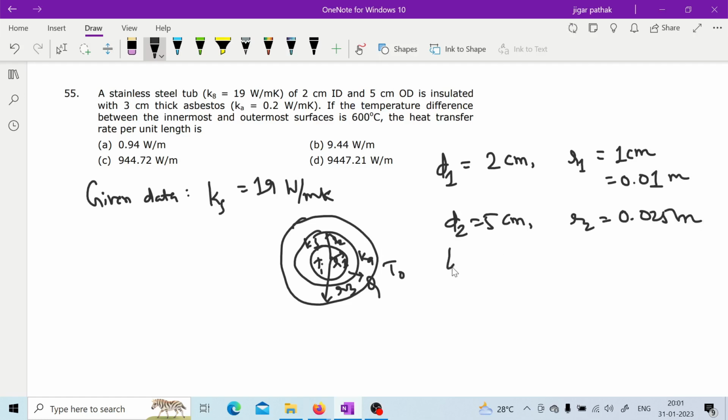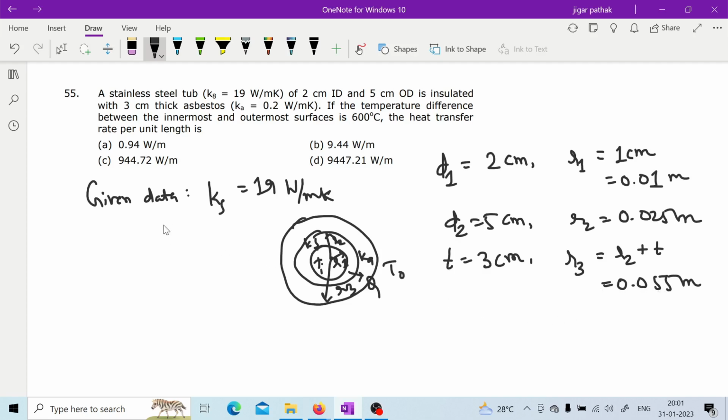Now this thickness is given as 3 centimeter. So R3 is R2 plus this T, so that is 0.055 meter, because 3 centimeter is 0.03 meter.